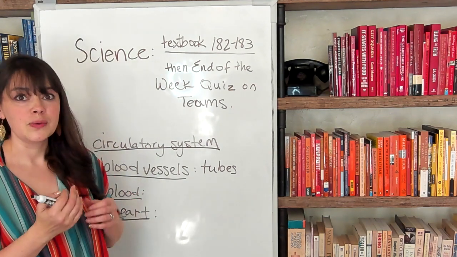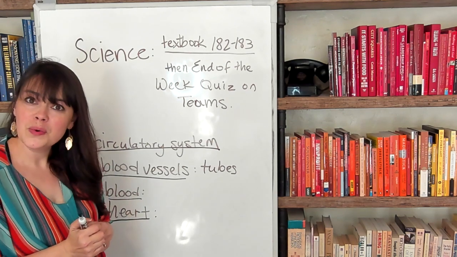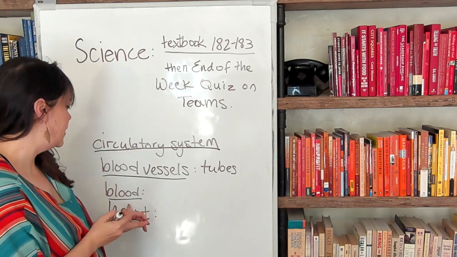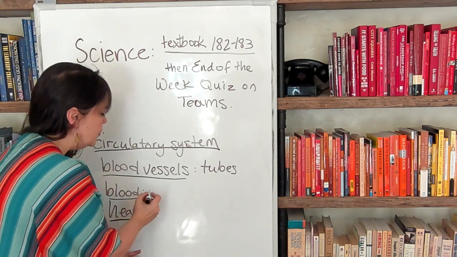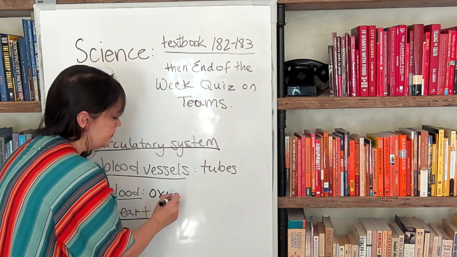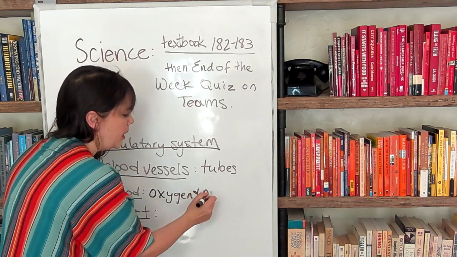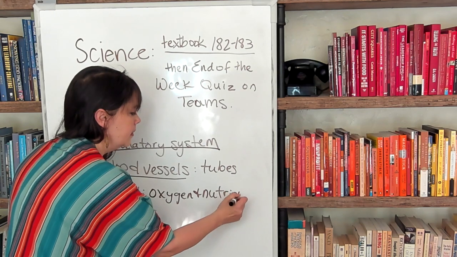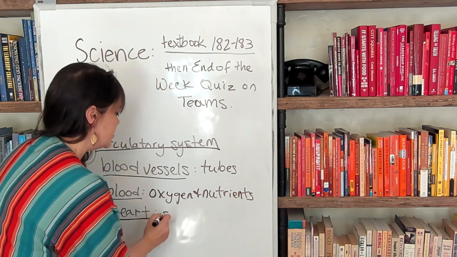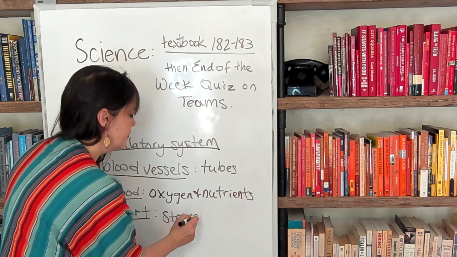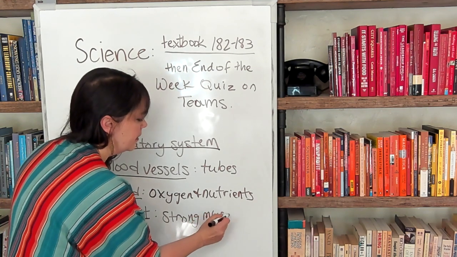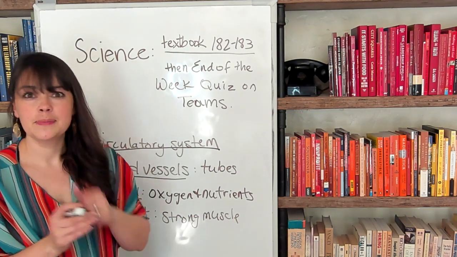Your blood vessels are those tubes. That picture is so cool, shows you how that looks in your body. And your blood moves the oxygen and the nutrients that your body needs. Okay? And your heart is a strong muscle. It's always beating. The only rest it ever gets is between beats.